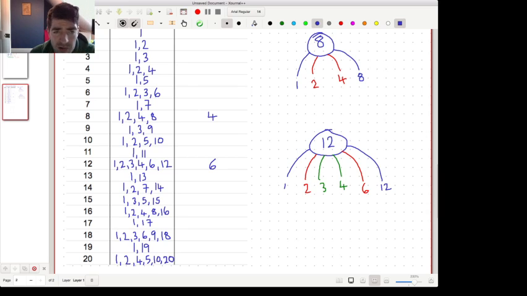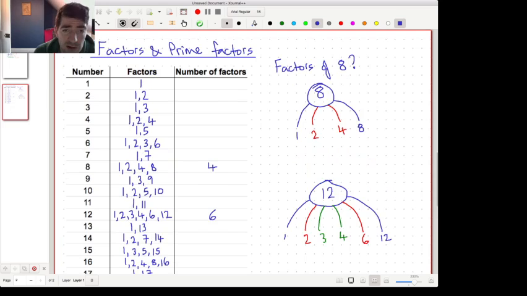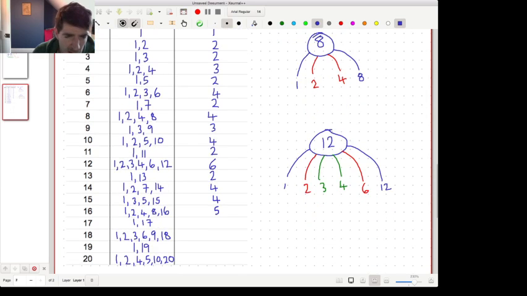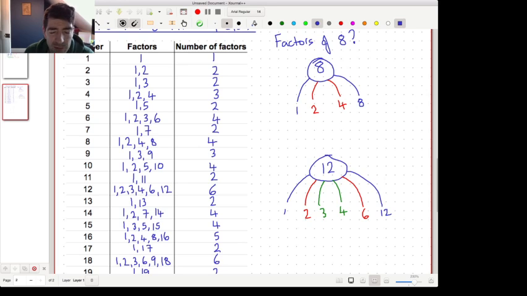So if we just fill in the number of factors, you can see that we've got 1, 2, 2, 3, 2, 4, 2, 4 we'd already done, 3, 4, 2, 6, 2, 4, 4, 5, 2, 6, 2, 6. Okay, great. So we filled that in.